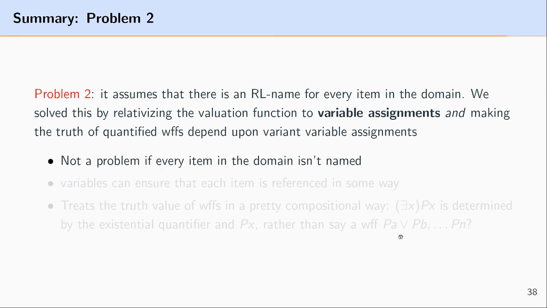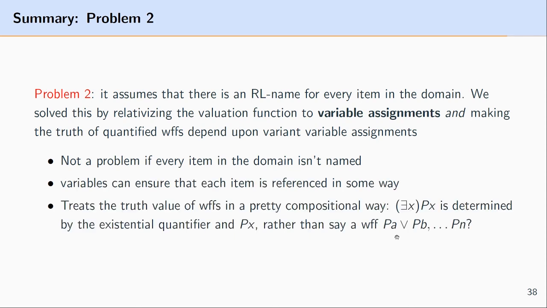And recall here, the problem is not whether we have enough names. If we're comfortable with the assumption that every item in the domain is named, then there isn't a whole lot of motivation here for all this extra notation. But if we're uncomfortable with that, if we like our logical system not to make this kind of assumption, then we saw that variables can ensure that each item is referenced in some way.